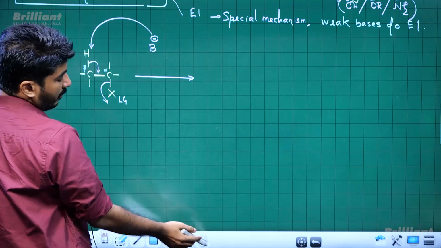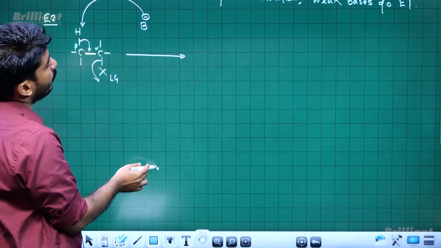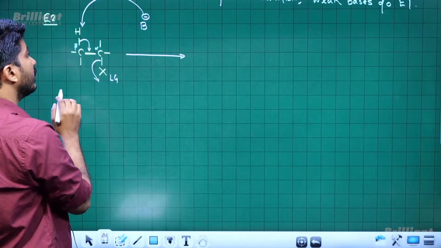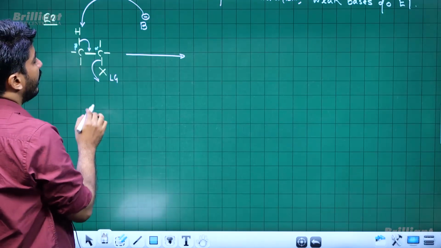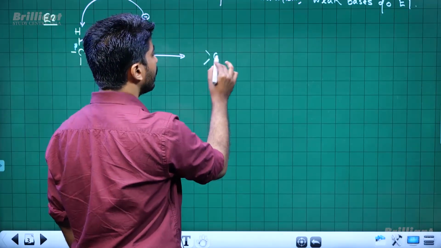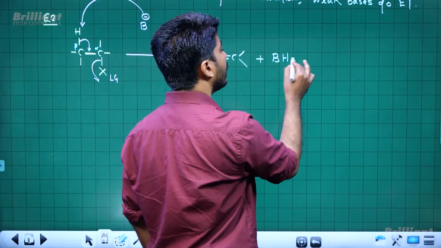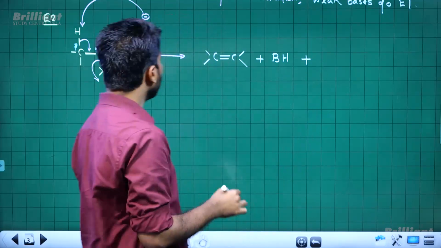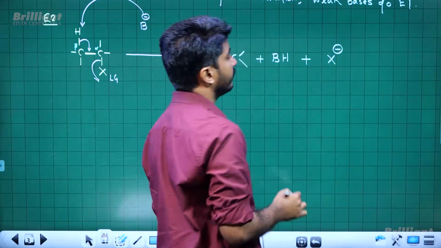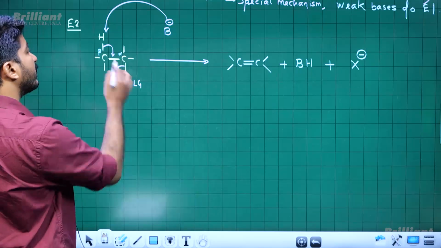That is why the prerequisite for elimination and SN reactions is that there should be a leaving group present in the substrate. So the base takes the acidic hydrogen and thereby the halogen leaves, and the products will be the C double bond C plus the conjugate acid of the base and the halide ion. That happens in one shot, and this was the natural mechanism.